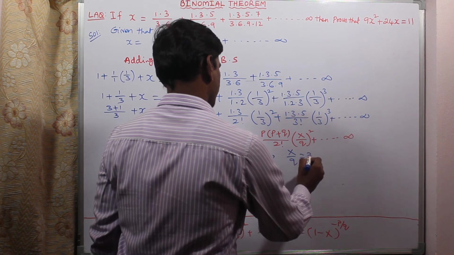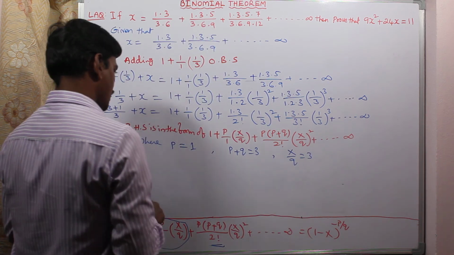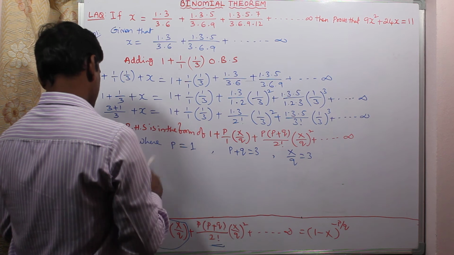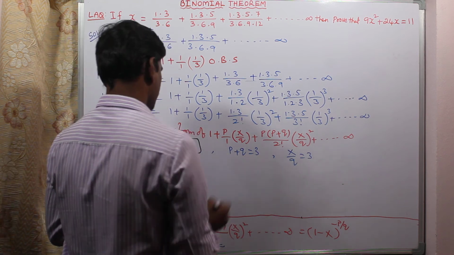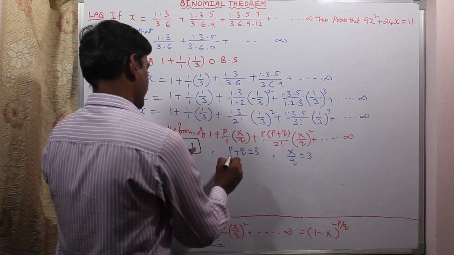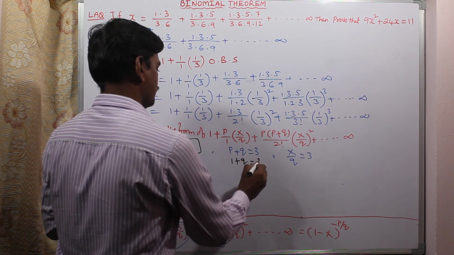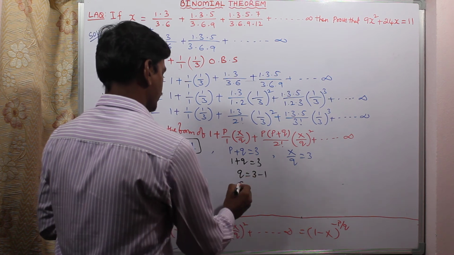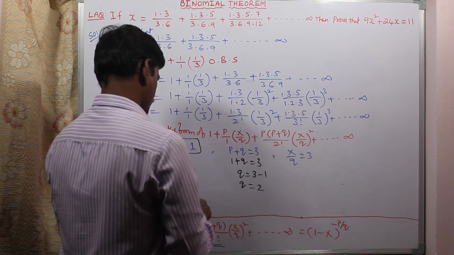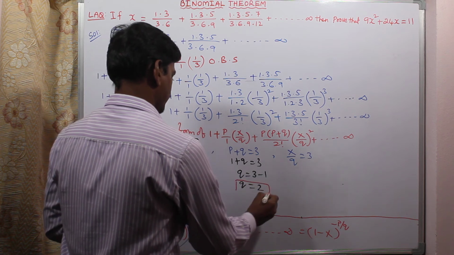On comparison we get these three values. Now by substituting the p value here, we can find the q value. 1 plus q is equal to 3. So q is equal to 3 minus 1. So q value is 2.